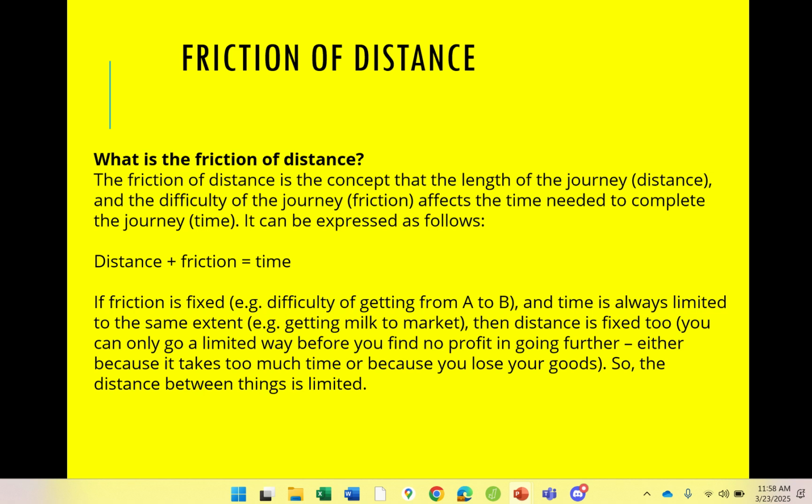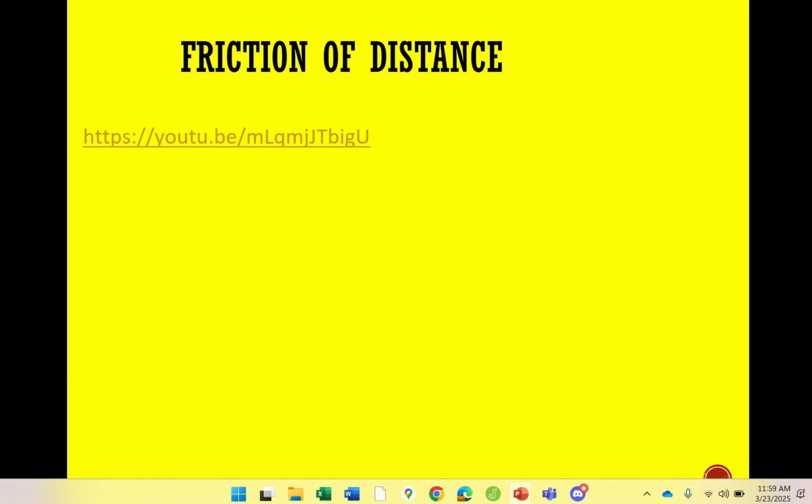So the friction of distance allows us to determine how far we're willing to go to reach a certain location, and it tells us something about the interactions between two locations. The larger the friction of distance between two locations and the larger the distance itself, the less likely we're going to have interaction between those two locations. There's a YouTube video that gives a deeper description of the concept of friction of distance.